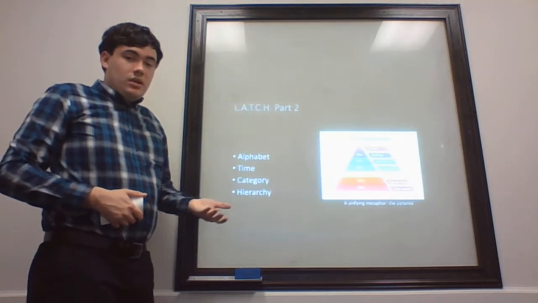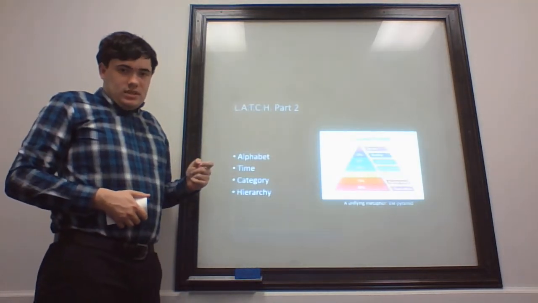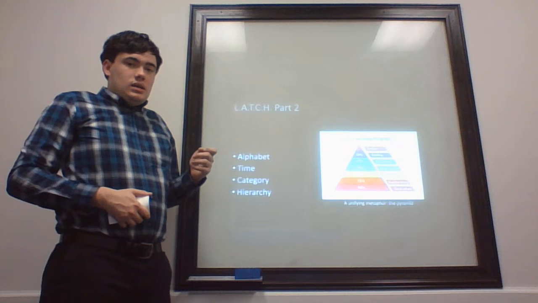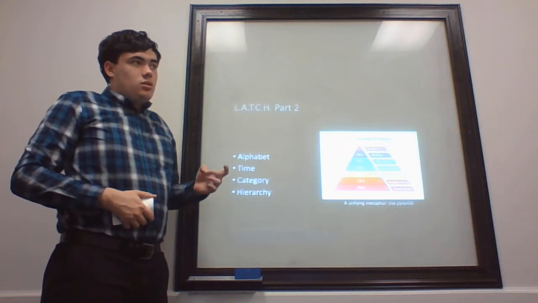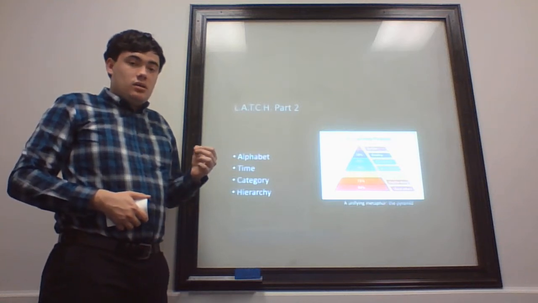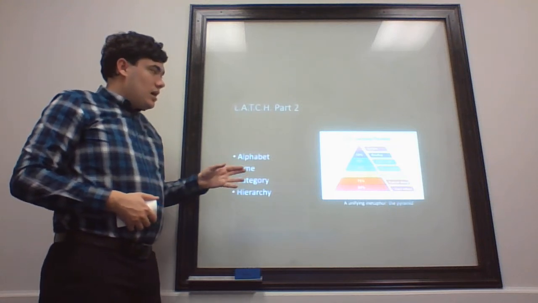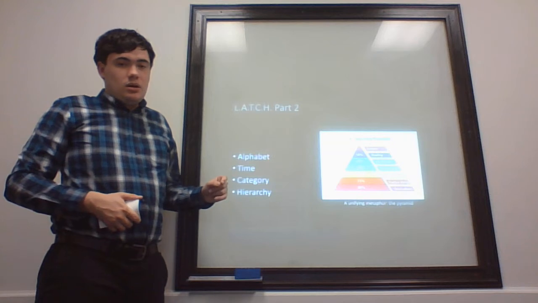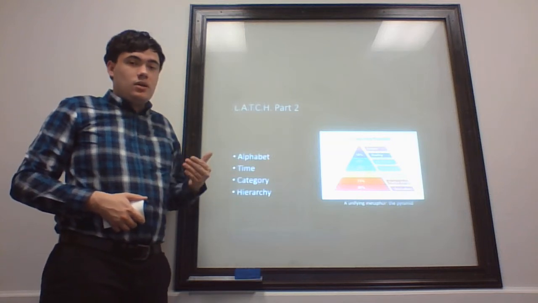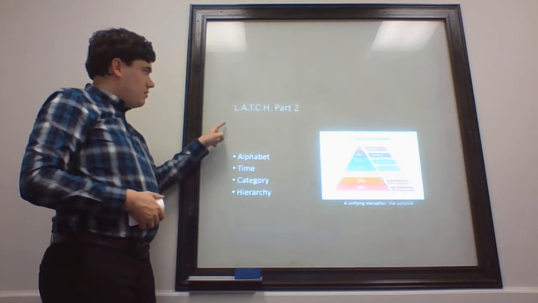Now, there are also alphabetical metaphors. Alphabetical metaphors are not necessarily literal. They don't have to be in alphabetical order necessarily. An alphabetical metaphor can also be an acronym, like LATCH.